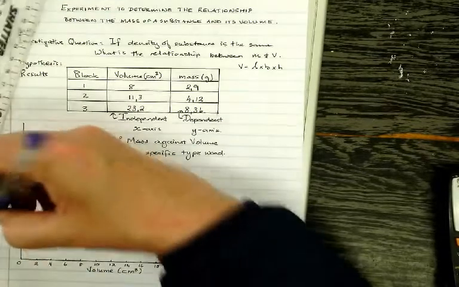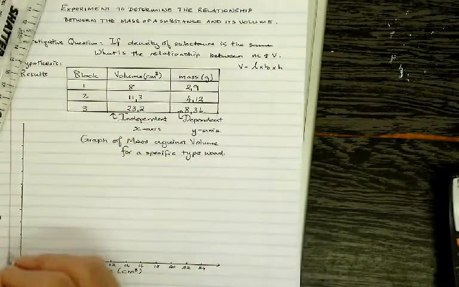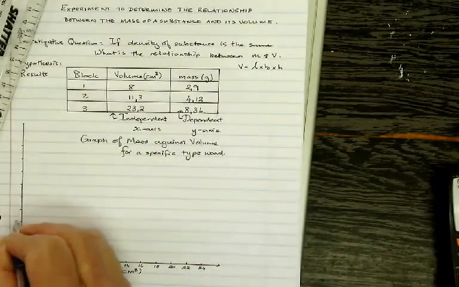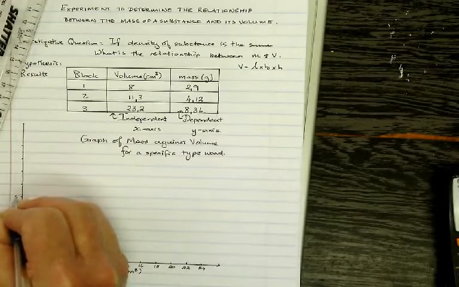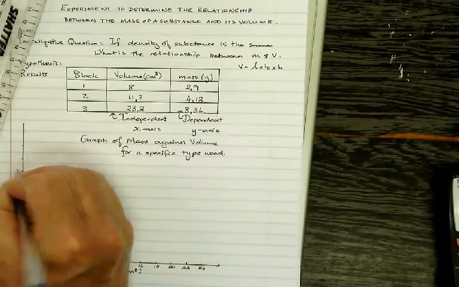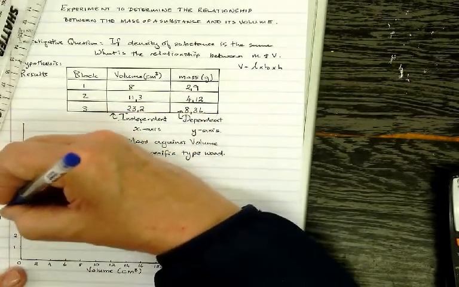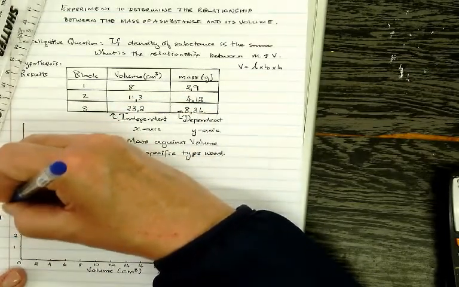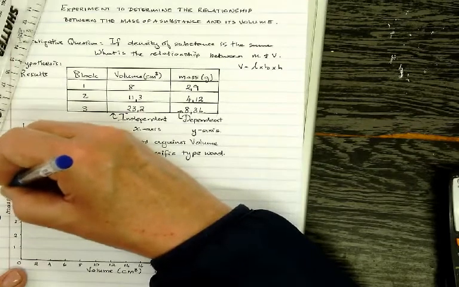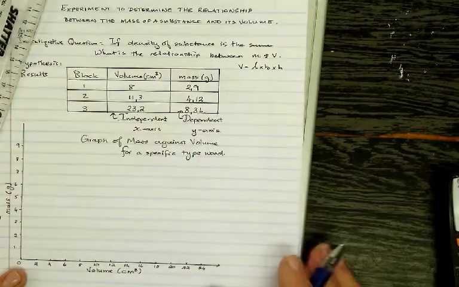So this is 1, 2, 3, 4, 5, 6, 7, 8, 9 grams, and this is our mass axis with, in brackets, the unit we use to measure the mass.